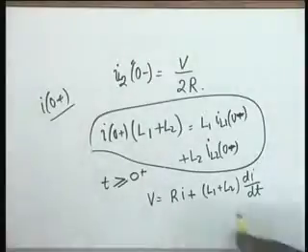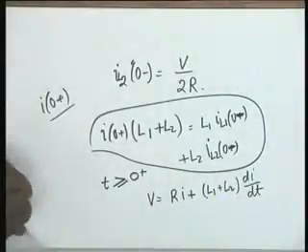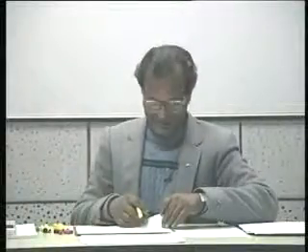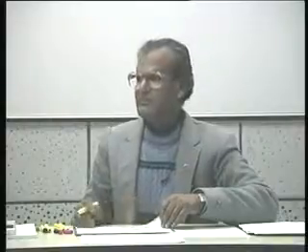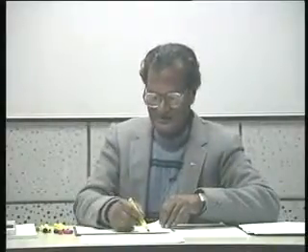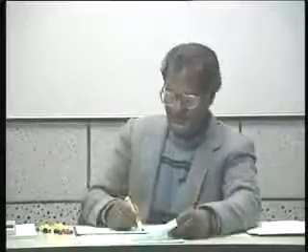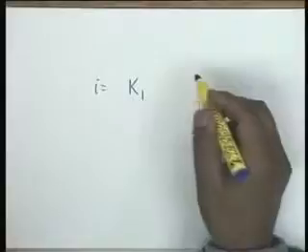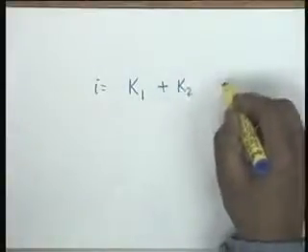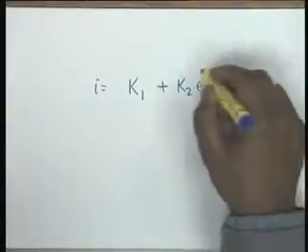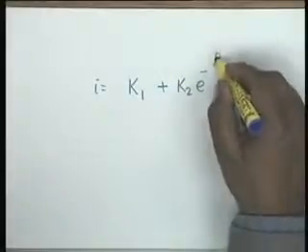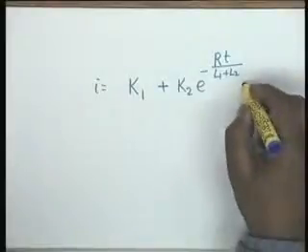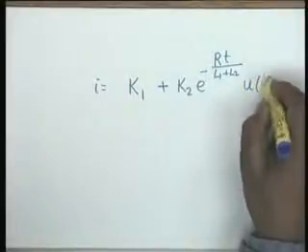You can take Laplace transform and do it, or you can do a first order differential equation solution, but in any case the solution would be of the form i equal to k1 plus another constant k2 e to the power minus t over the time constant, which would be R divided by L1 plus L2, times u of t.